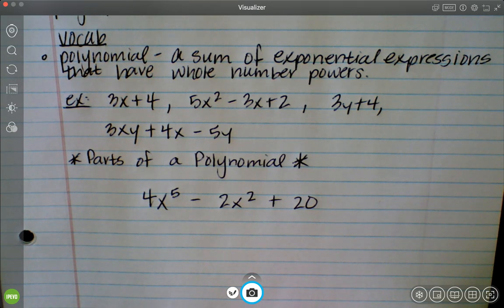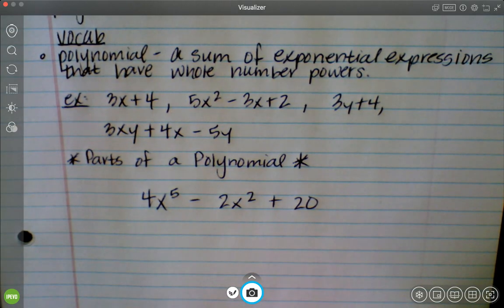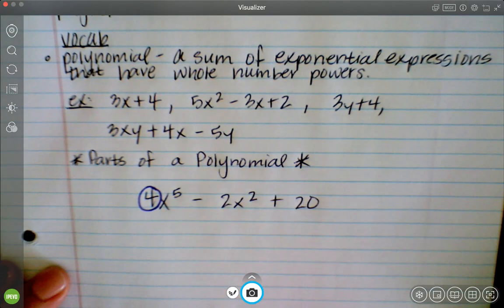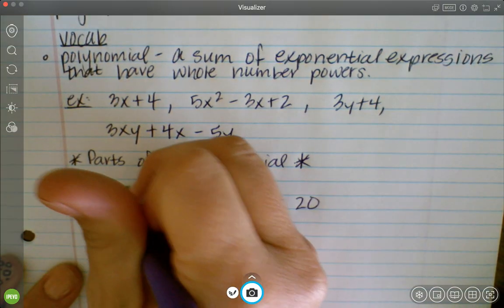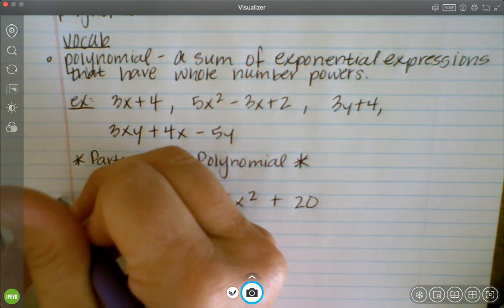So the first thing we're going to look at is something called a coefficient. So we have two different coefficients contained in this polynomial, but I'm going to talk about 4. For the sake of this term, this is a coefficient.